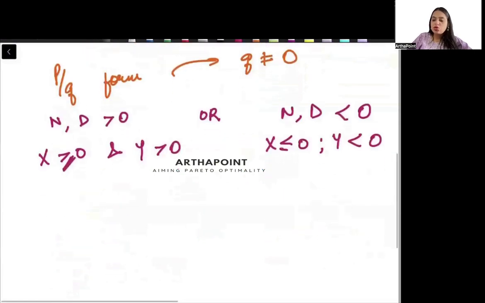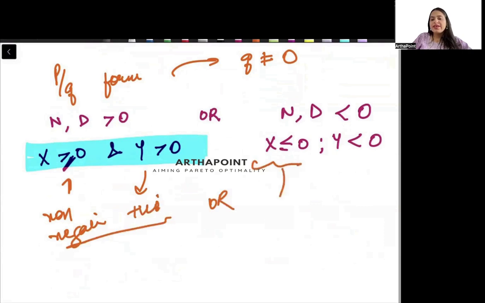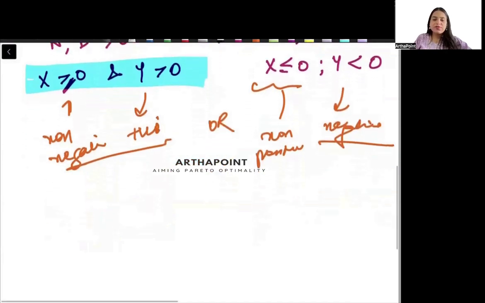So this gives me the domain of the function: the function is defined when x is non-negative and y is strictly positive, or when x is non-positive and y is strictly negative. These two places the function is defined.